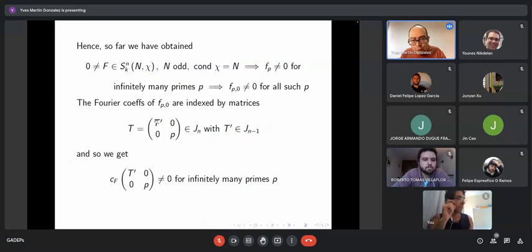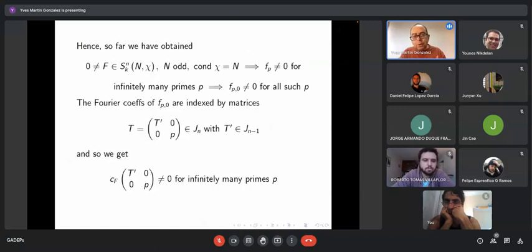So, since the coefficients of this theta component f sub p0 have to do with the original Siegel cusp form, big F, you can prove that the Fourier coefficient indexed by this type of matrices is non-zero. So you get that the Fourier coefficients of the original Siegel cusp form indexed by these matrices are non-zero for infinitely many primes p. Okay?